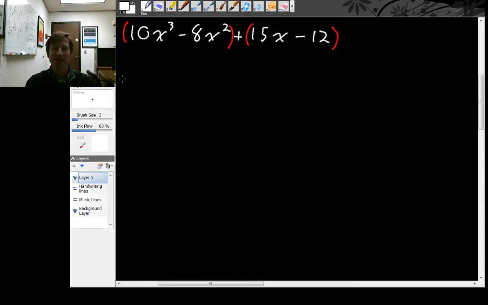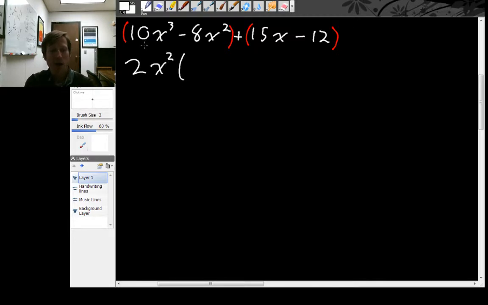Now that we have these in groups, we can think about common factors just in each group. In the first group, these 2 terms have a factor of 2 in common. Also, they have a factor of x squared in common. So let's factor out the 2x squared that they have in common.